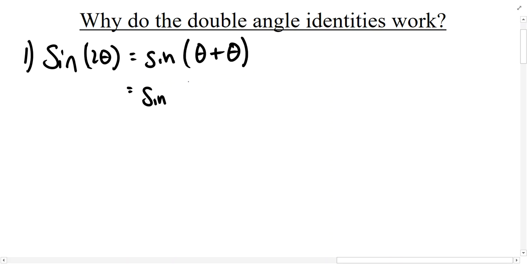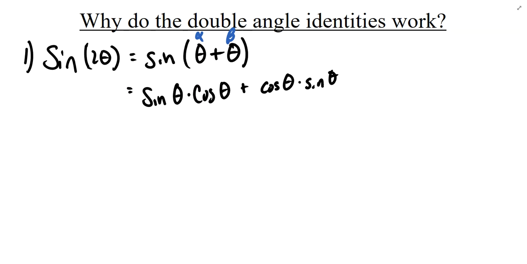And the sum identity said, especially if we consider this alpha and this beta, that sine of alpha, which in this case is represented by the letter theta, times cosine theta plus cosine theta times sine theta.